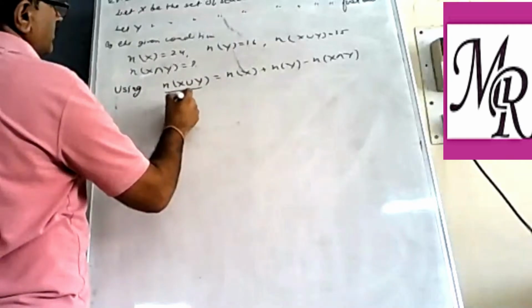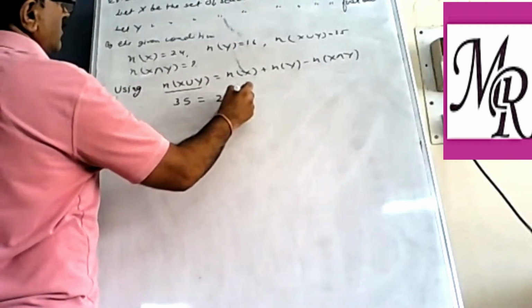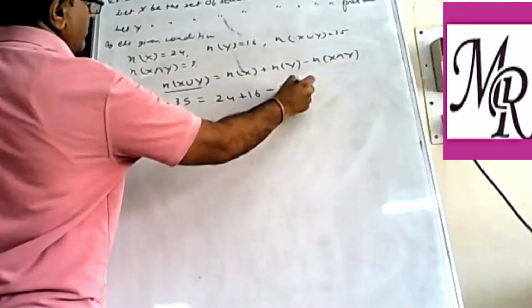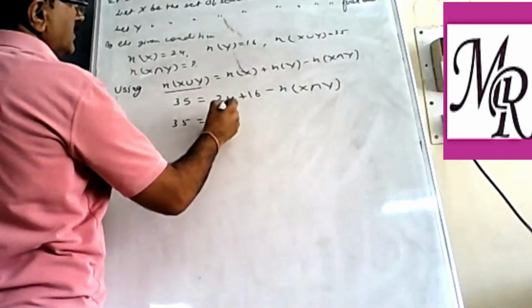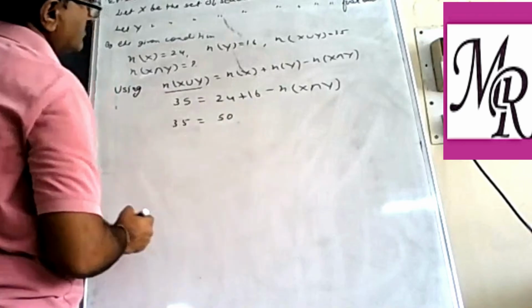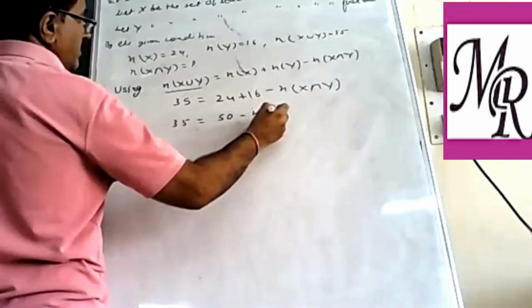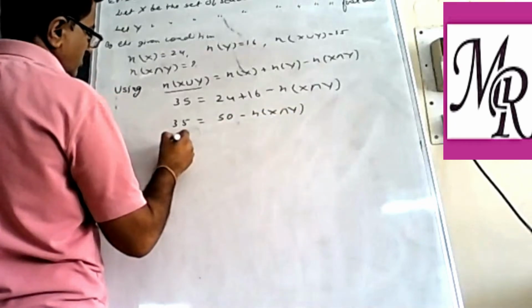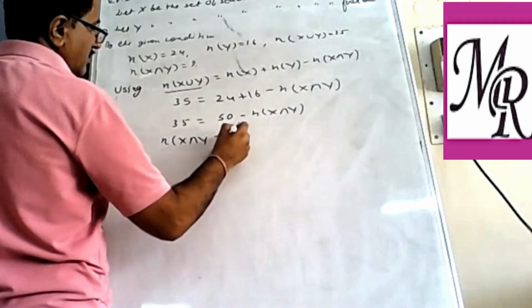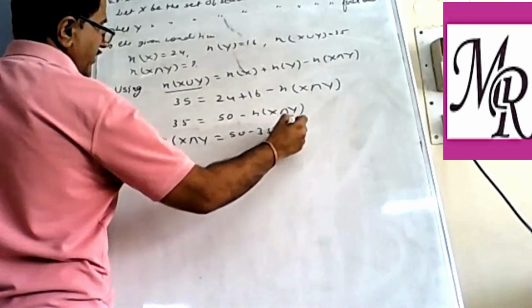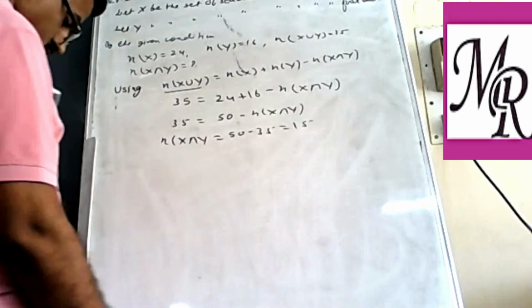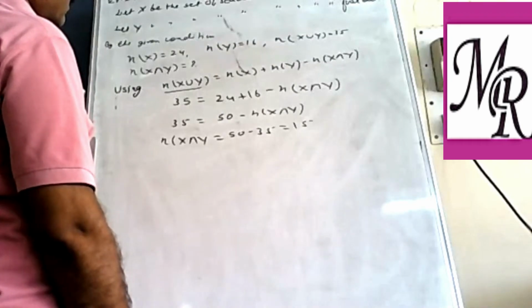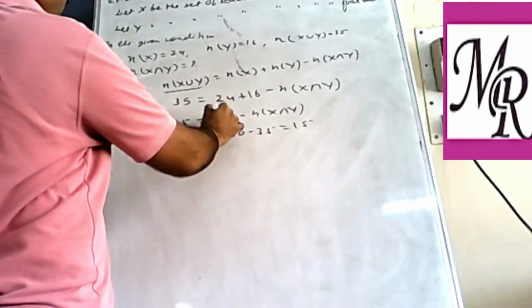This is 35, 24 plus 16 minus X intersection Y, which we have to find. 35 equals 40 minus X intersection Y. So transfer the side, 40 minus 35, that is 5. Right?